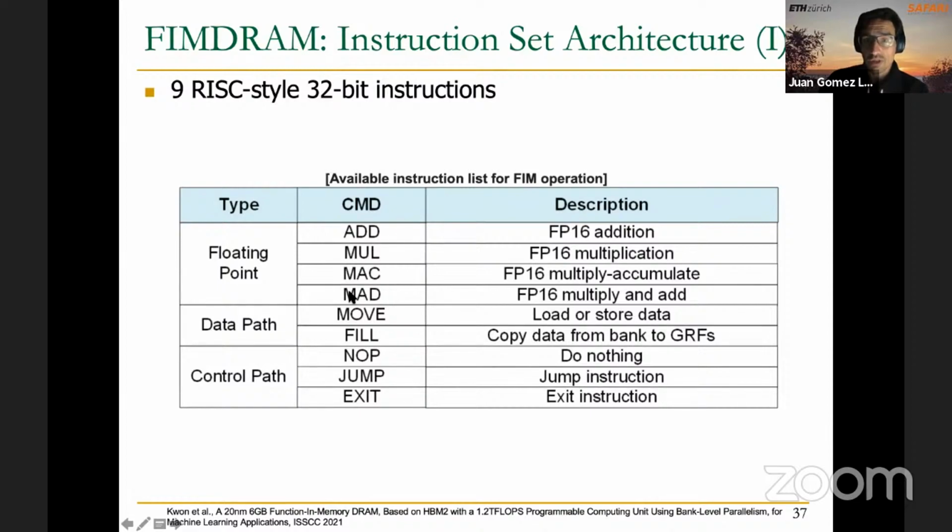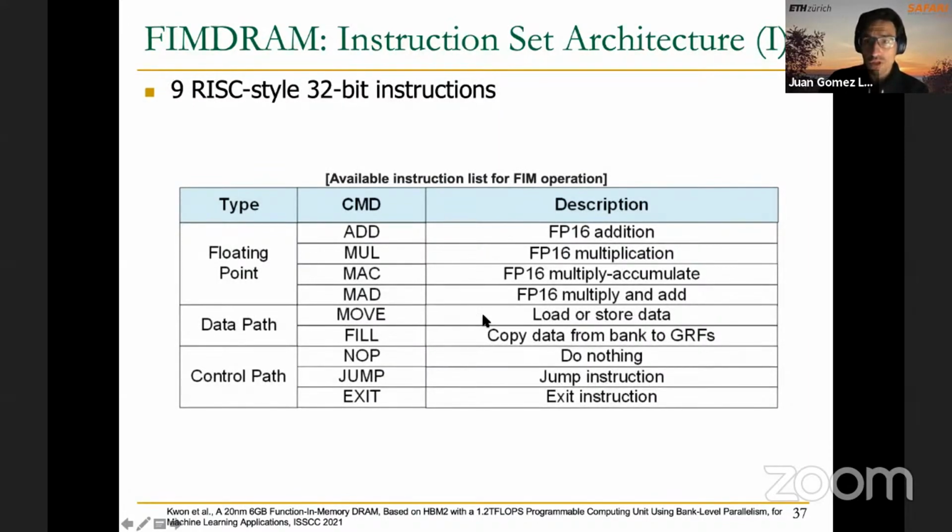The difference between them is whether you store the result in the same register, the value of which you are adding to the result of the multiplication, or in a different one. That's the difference between multiply-accumulate and multiply-add. And then we have the data path instructions.